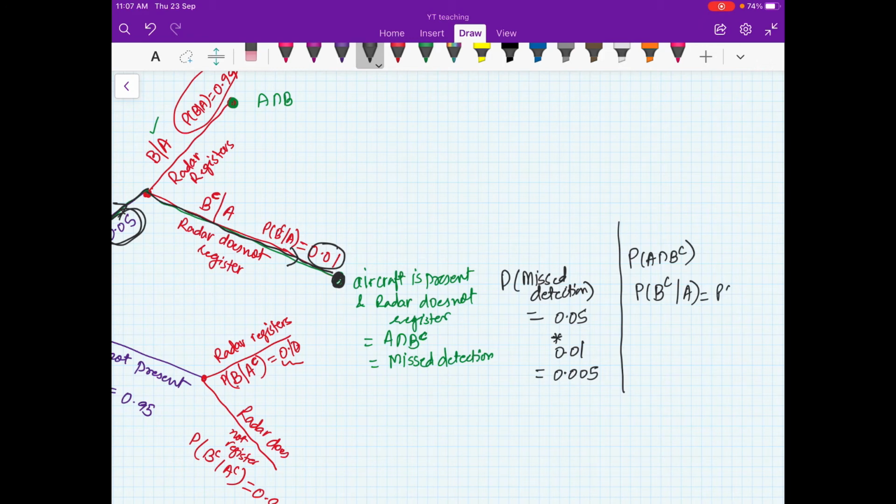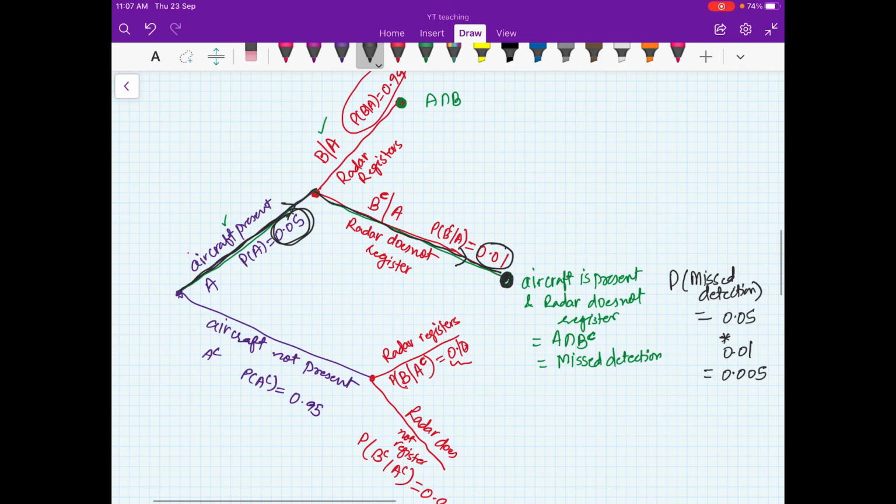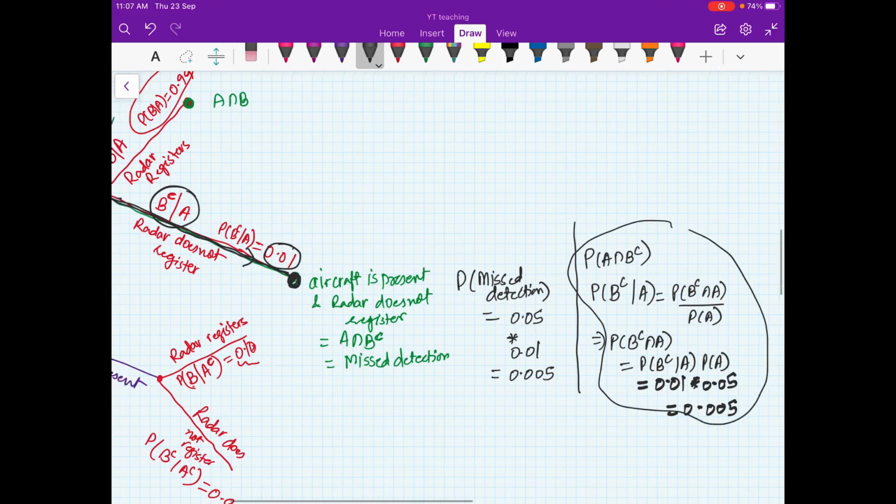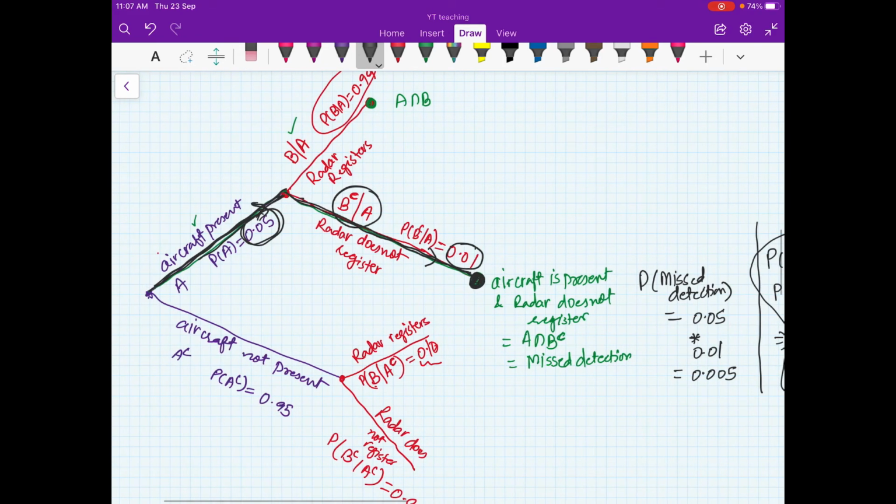So that will be probability of B complement intersection A divided by probability of A. So it means that probability of B complement intersection A is equal to probability of B complement given A into probability of A. So that is what we have done. This is probability of A, and then probability of B complement given A. So that is what we are multiplying. So this is 0.01 into 0.05. So this is 0.005. Okay. So you can see mathematically also that this is the event we are interested in.